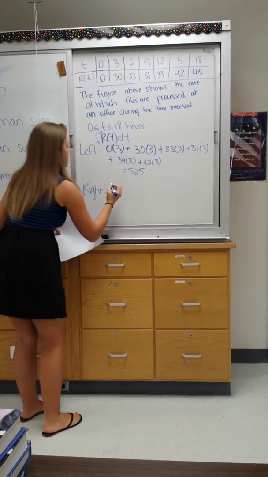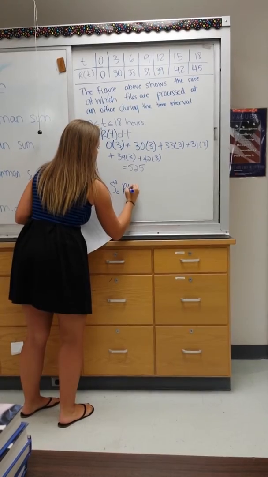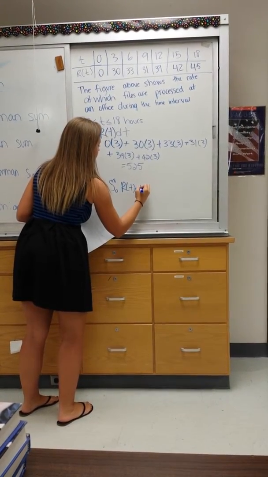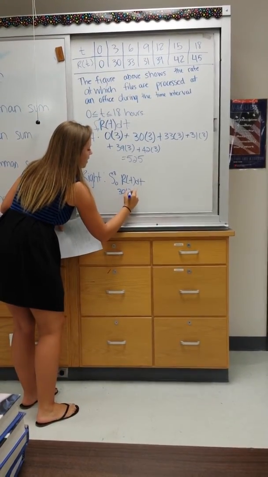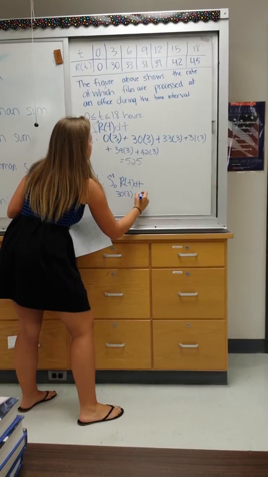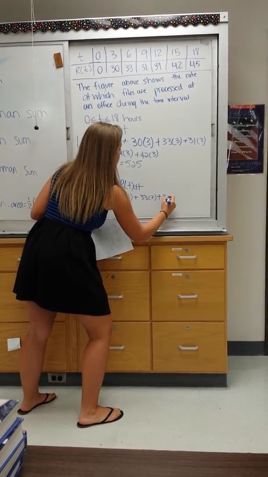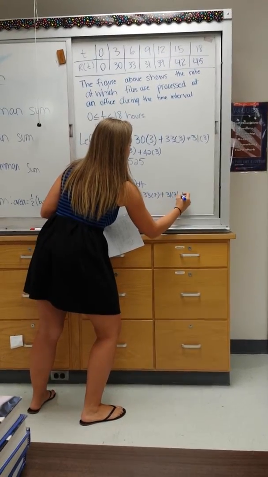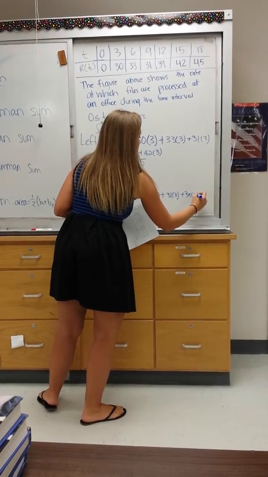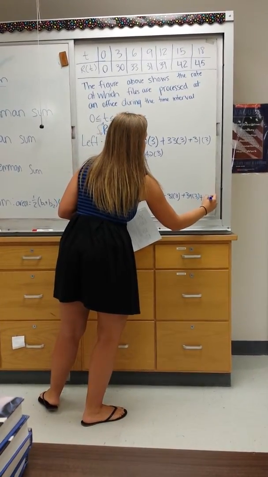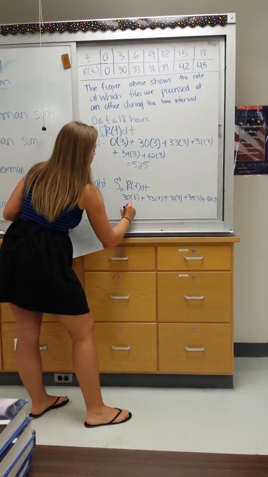For the right Riemann sum, you do the same thing, but this time you're going to start with the 30. So you're going to take the antiderivative from 0 to 18 of r of t dt, but this time start with 30. So 30 times 3 again, because it's still the change in time, plus 33 times 3, plus 31 times 3, plus 39 times 3, plus 42 times 3, and this time you are going to include the 45 because it's a right Riemann sum.